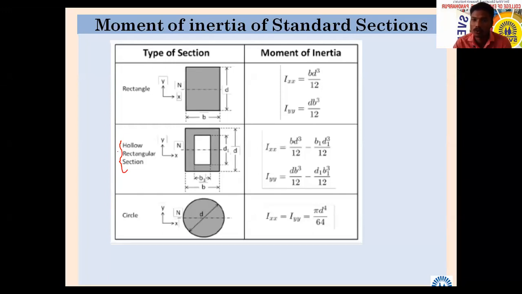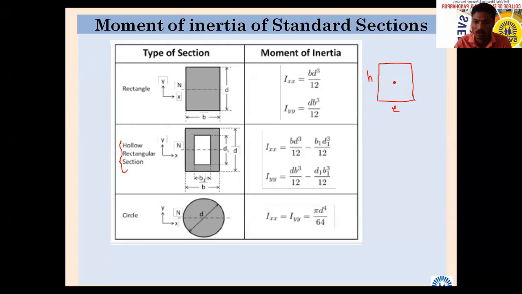Now, suppose for a given rectangle we want to find this moment of inertia. I will say L horizontal, H vertical. Here there is a centroid, suppose I say G. Suppose this is the x-axis and this is the y-axis.